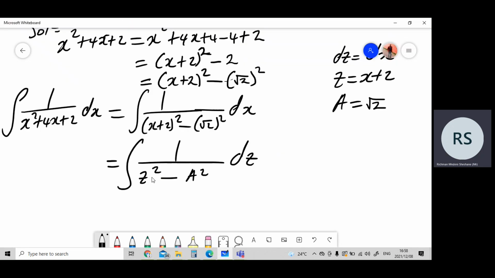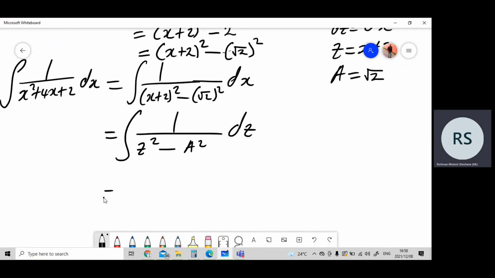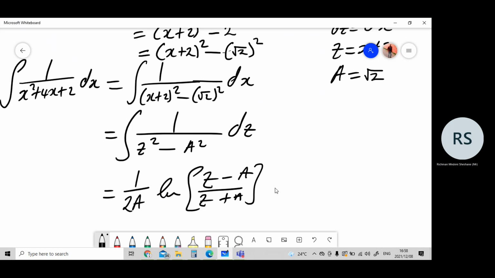All right, so you see now you're able to integrate this. You know the standard form of this. If you check the formula again, always have a standard formula sheet, whether on your laptop or printed out, the integral of this is 1 over 2a ln of z minus a over z plus a, and then they said plus c.